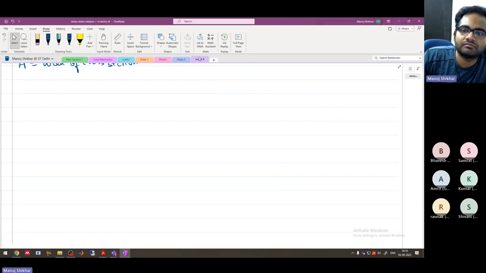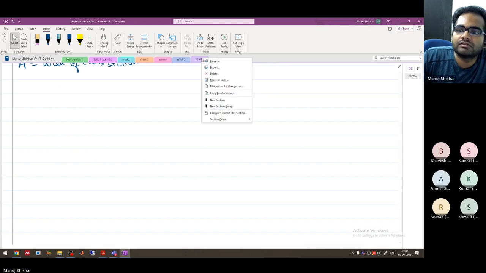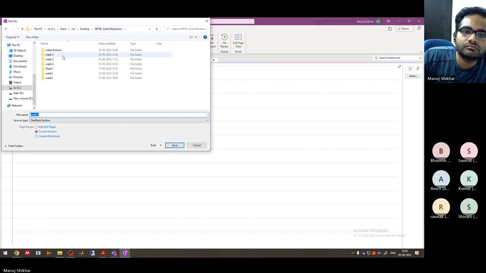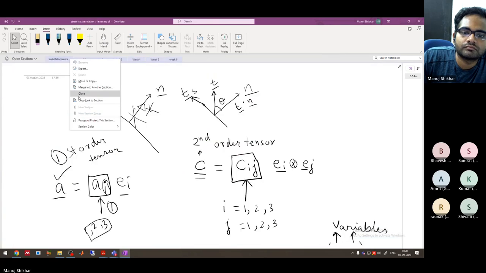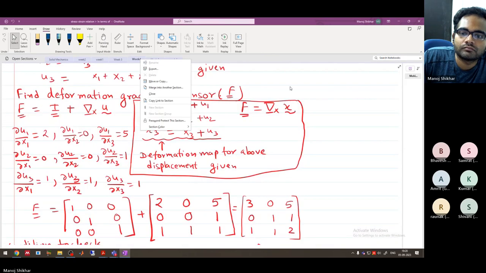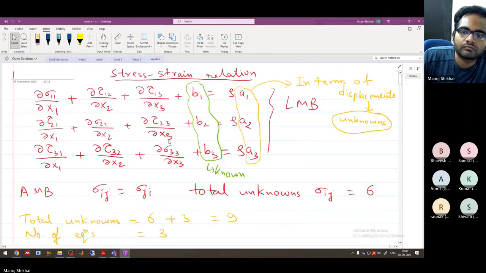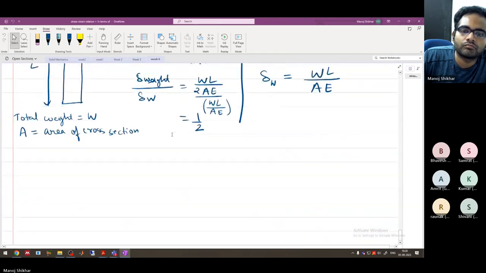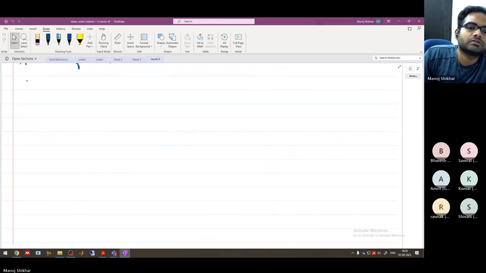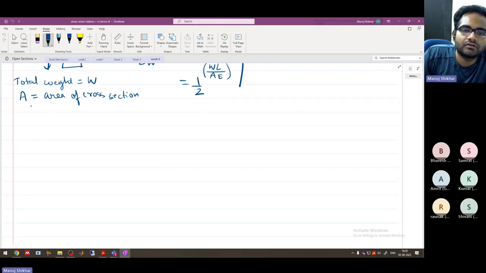We know that A is the area of cross section of this rod, and L is the length of the rod.